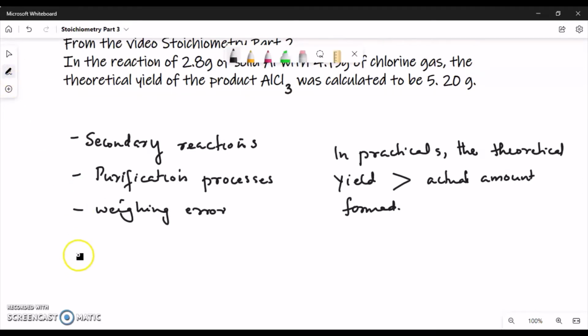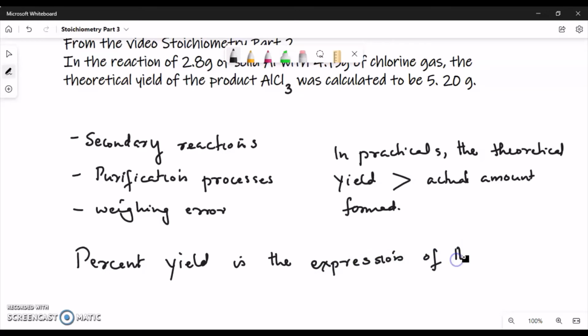And percent yield is calculated. So percent yield is the expression of the actual amount of product formed in a reaction.